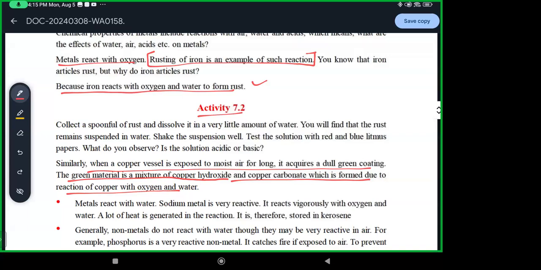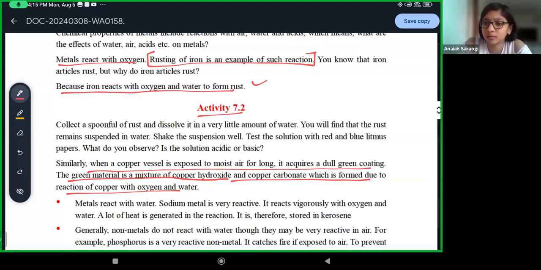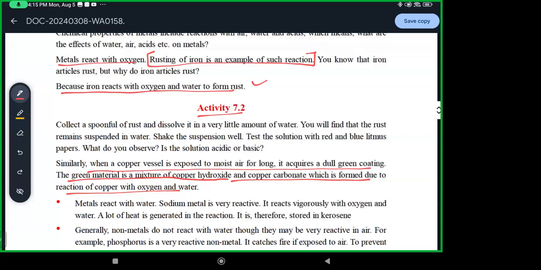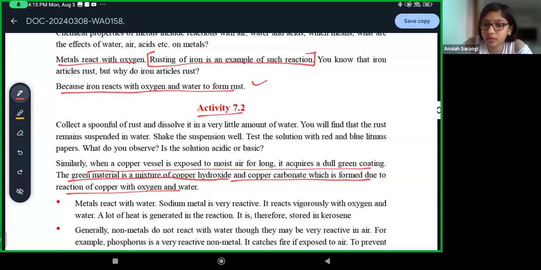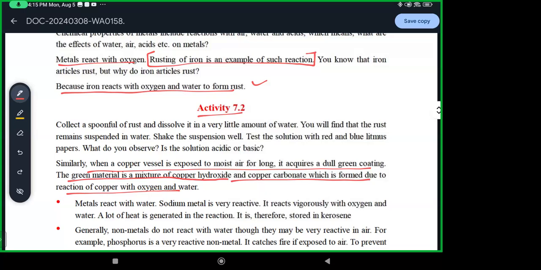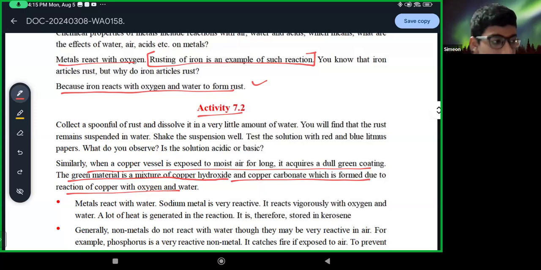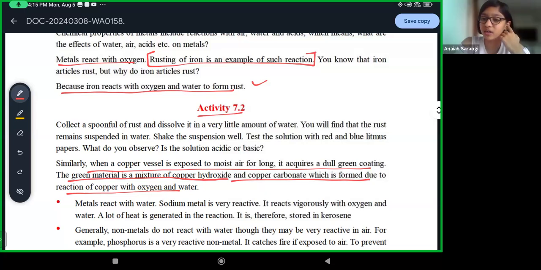Have you ever heard your grandparents or your parents telling you never make lemonade or lime water, shikanji, in copper vessels?